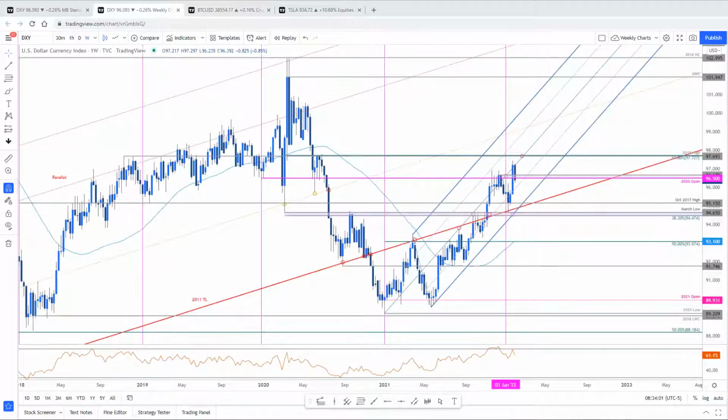So you got textbook divergence, again suggesting momentum is waning. You're at resistance on the weekly chart. And here's your first level: this is the objective high week close, or the high close from last year. It's 96.67. 96.50 is that 2020 yearly open, which has been a decent pivot in price.